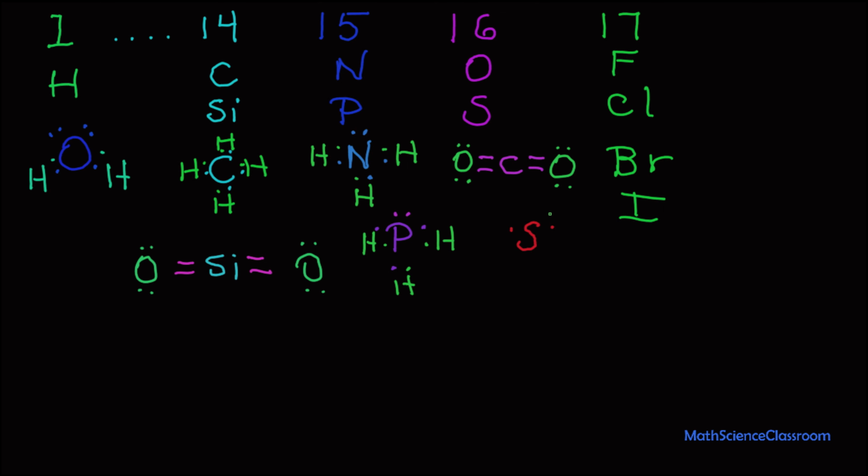And then we will add our fluorine atoms. Now, sulfur is in group 16, so it has 6 valence electrons. So we will add 4 more.